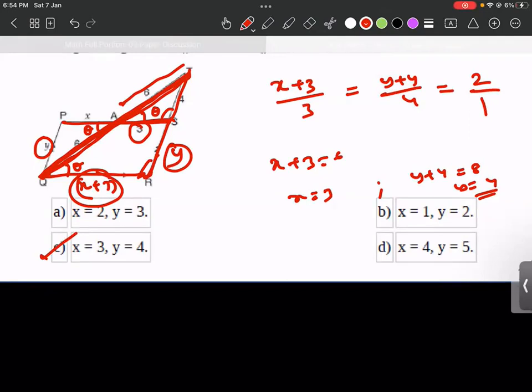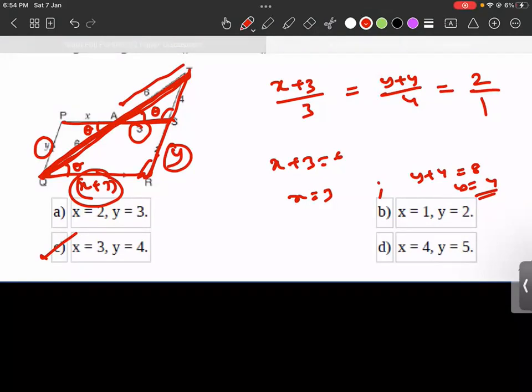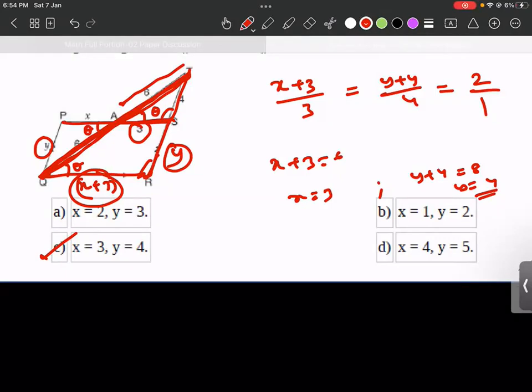Sir, what I did was, after proving TAS and TQR are similar, TA equals 6, TQ equals 12, 6 by 12 equals 1 by 2, 1 by 2 equals 4 by 4 plus y, and then I found y.